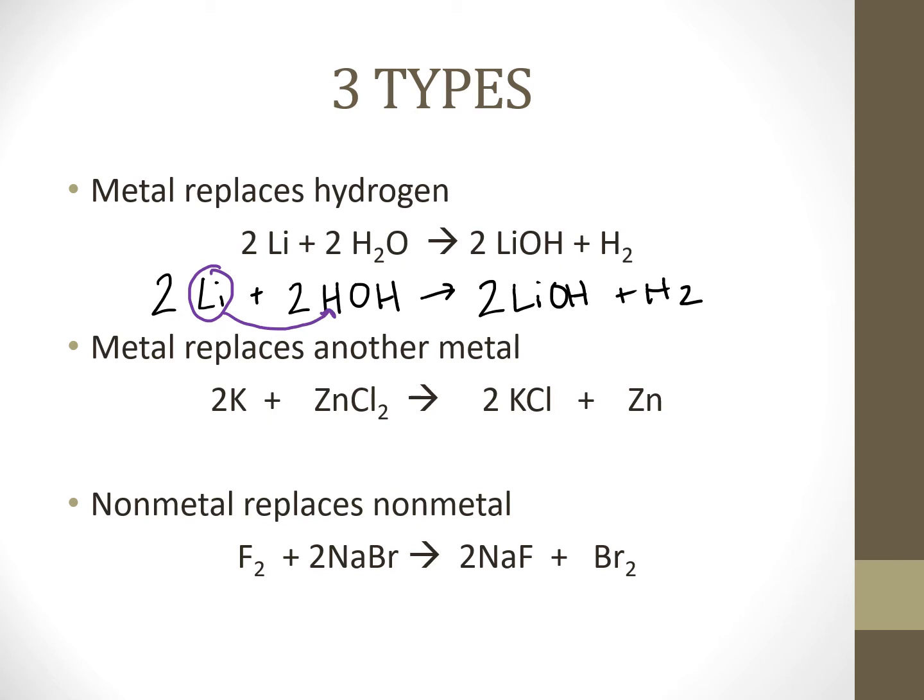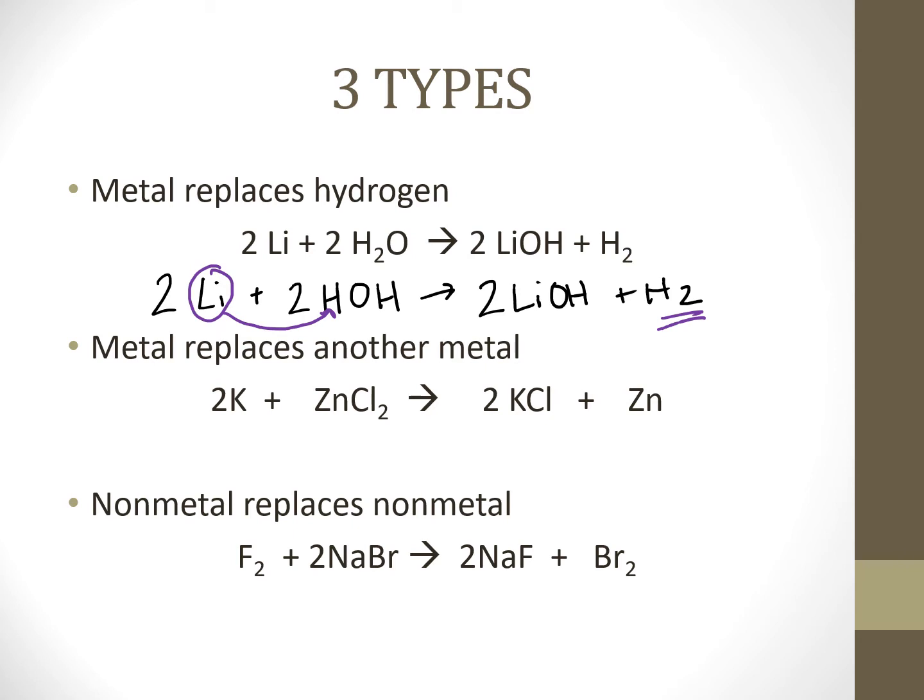That's why the H ends up by itself on the product side, and then the lithium combines with the hydroxide. So that's one option. So in the case of a single replacement reaction, hydrogen acts like a metal, okay? It acts like a group 1 metal in this case, okay? Not always, but in the case of a single replacement, hydrogen will replace a metal, or metal can replace hydrogen.